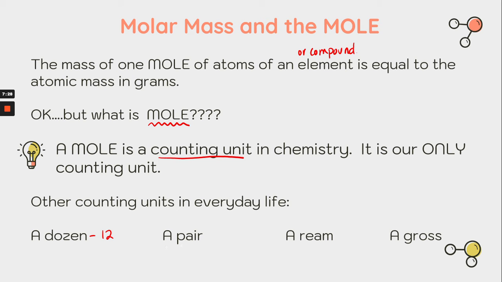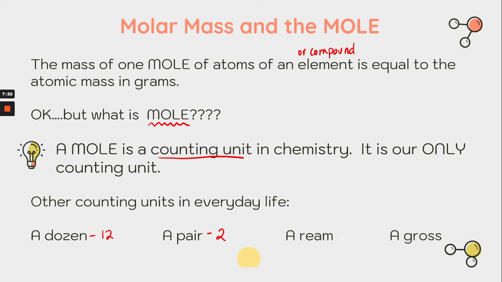The next thing that's a counting unit is the term pair. So like if I have a pair of shoes or a pair of socks, right, it means I have 2 of those things. So having 2 things and calling it a pair is another example of an everyday counting unit. Again, I learned it when I was little. I don't wonder why it's 2. It just is what it is.